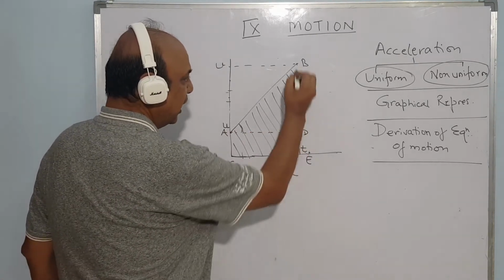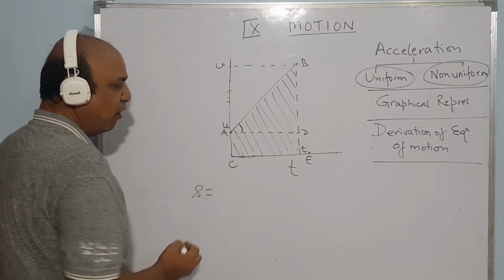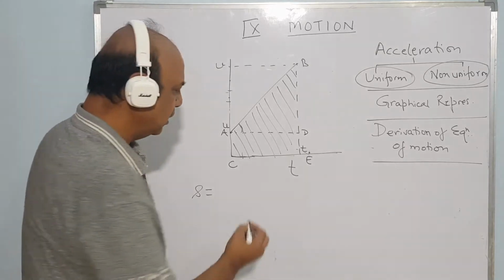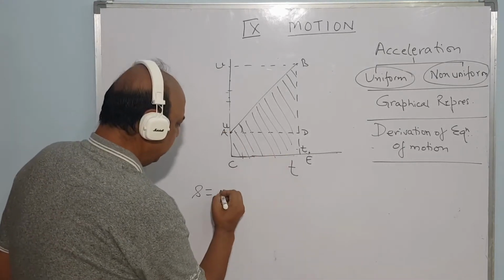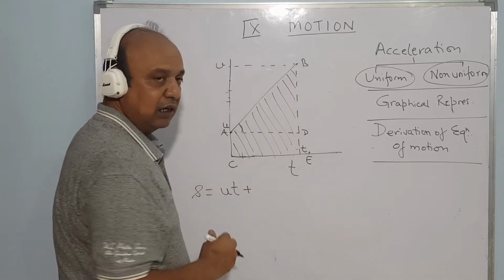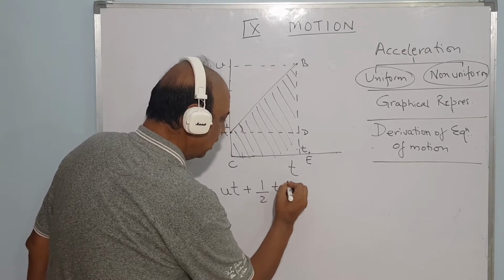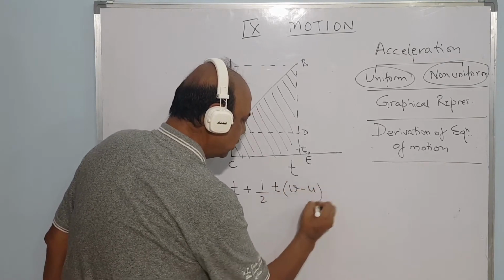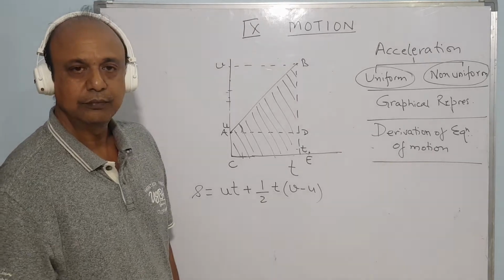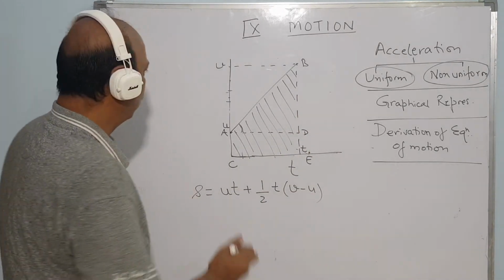One is this triangle ADB and the other is the rectangle ACED. What is the area of rectangle ACED? Length into breadth, so u into t, ut, plus the area of the triangle, which is half base into height. Half base is t, height is AD, which is v minus u.